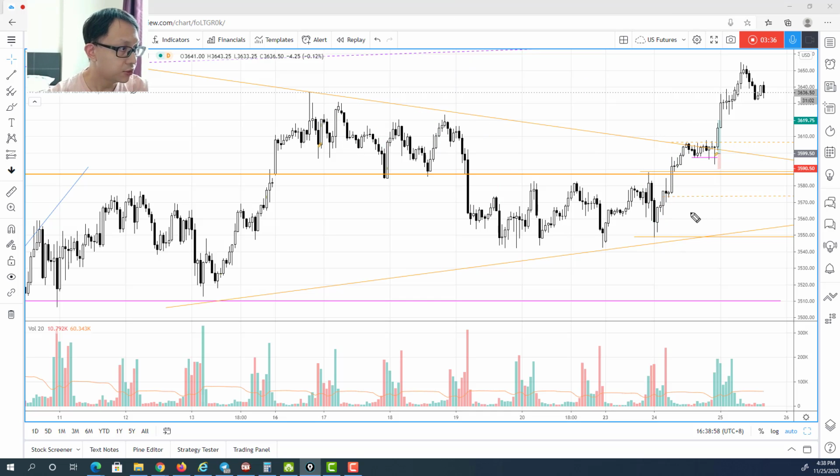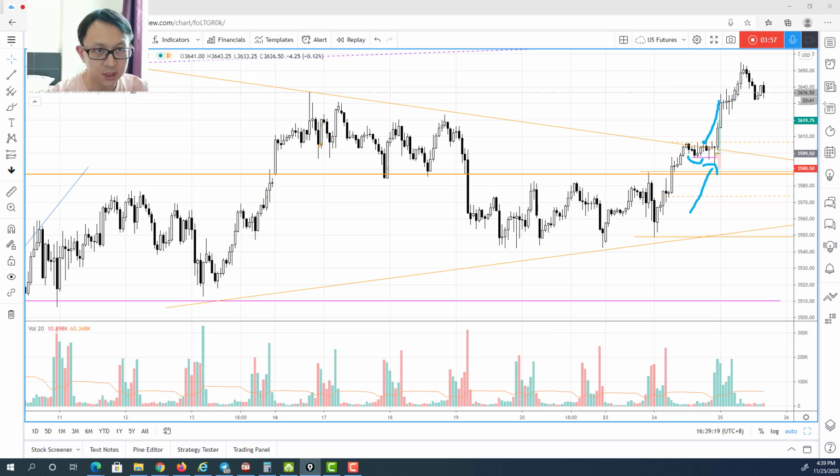So subsequently, during the US opening at about 10:30 p.m. at my time zone, we see this kind of spring type of setup, or you can call it a false breakout. So right after it just sprung the previous swing low, it just reversed up and started this amazing explosive up move.